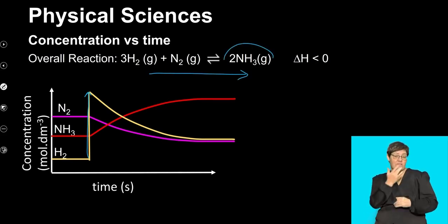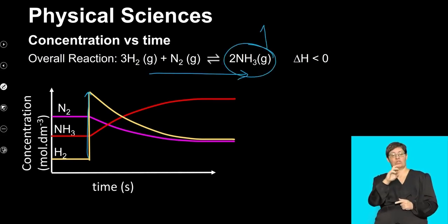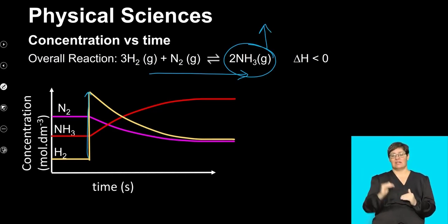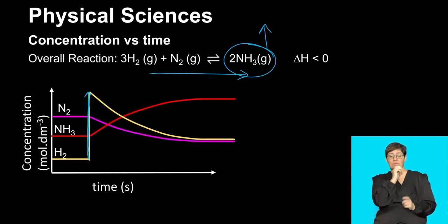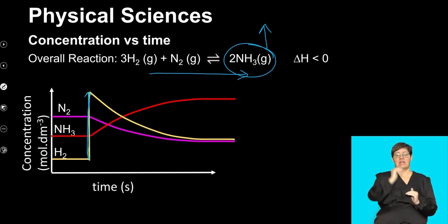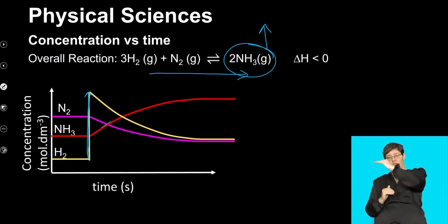When the forward reaction was favored, the concentration of the ammonia gas was increased. So we have a vertical line up to show the disturbance, and we use a vertical line up for an increase in concentration. Then we see that the product is now increasing with a curved line.